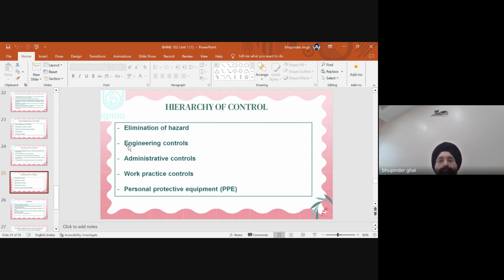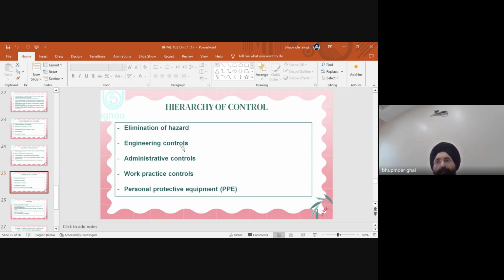Next comes the engineering control. By engineering methods, you can control or minimize the hazard. What is engineering control? Suppose a worker is working on a machine with a moving part. The best thing is to eliminate the hazard by removing the machine, but you cannot do it because that machine is important for the healthcare facilities.